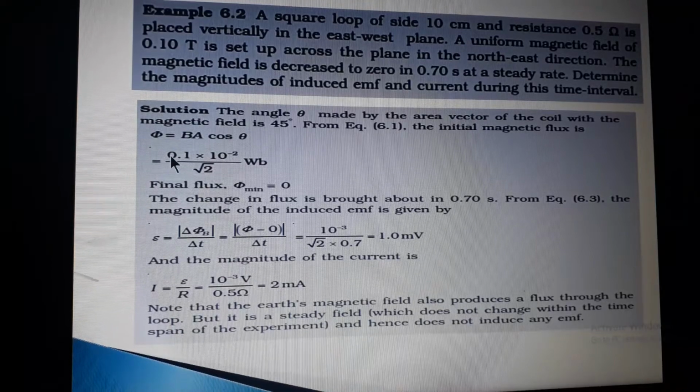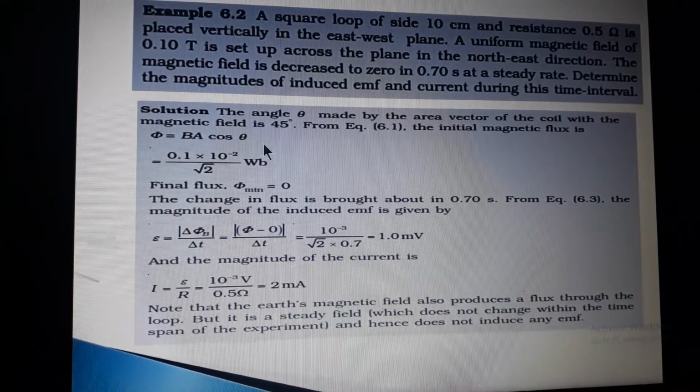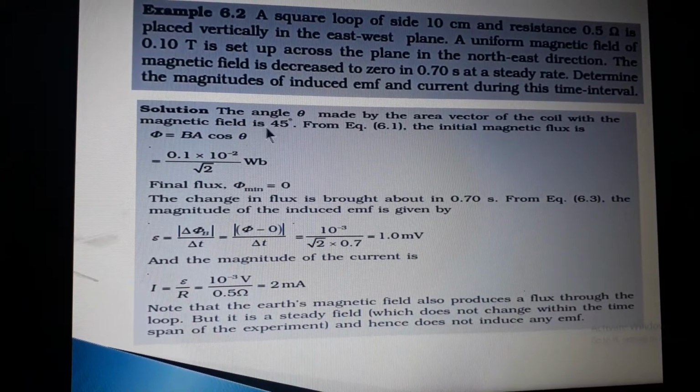The equation is φ = BA cos θ, where θ is the angle between the magnetic field and the area. Here the angle is 45 degree.